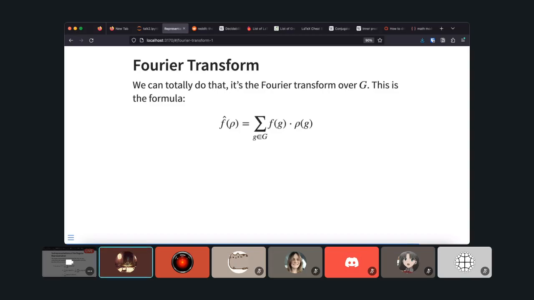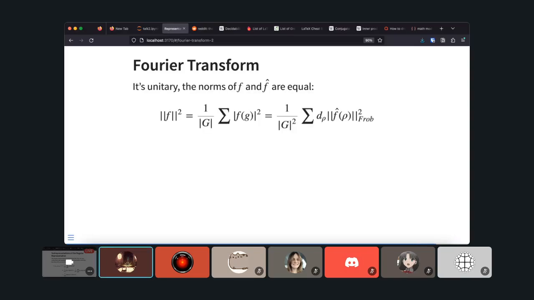It works analogously to the Fourier transform that you're familiar with, where each irrep is like a frequency, and then you end up getting this weighted sum of matrices.